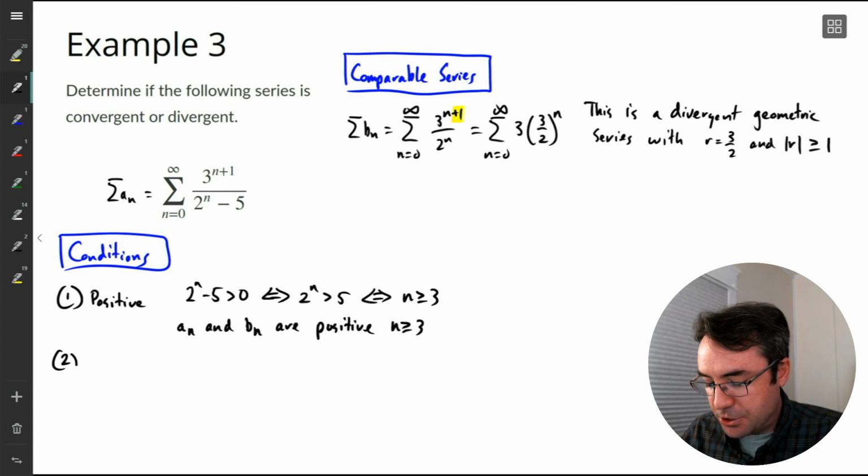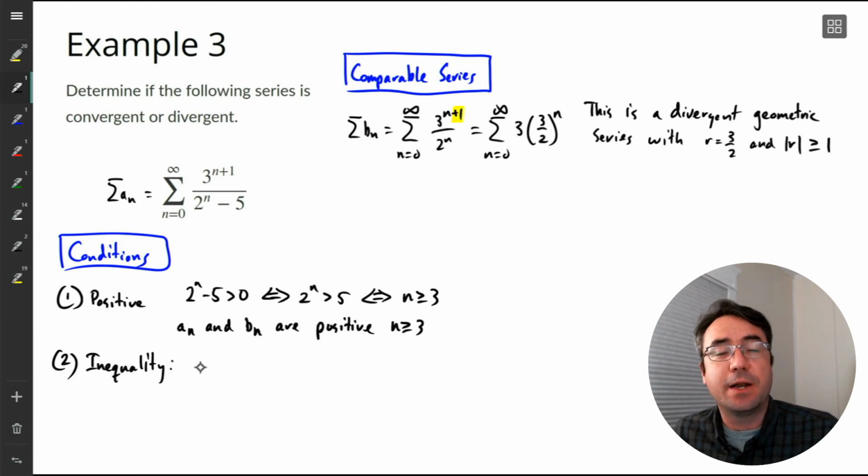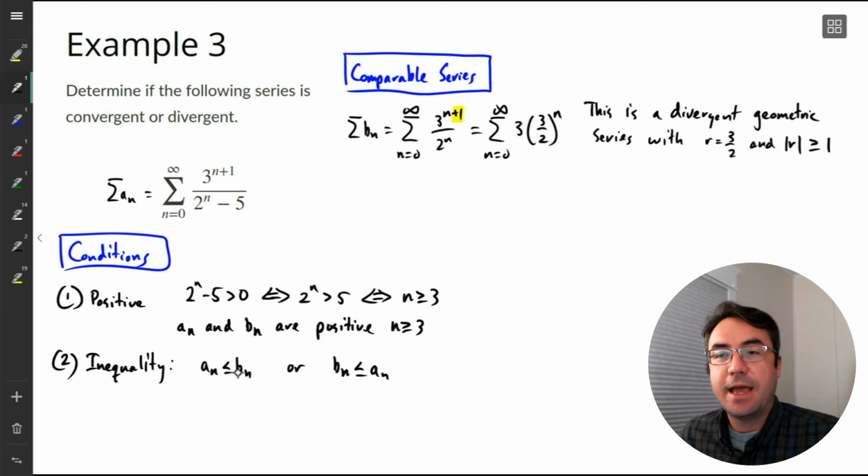Now the other thing we need to show is our necessary inequality. And so we have two choices here. We want to show either an is less than or equal to bn, or bn is less than or equal to an. And which one we use depends on what we think is happening.